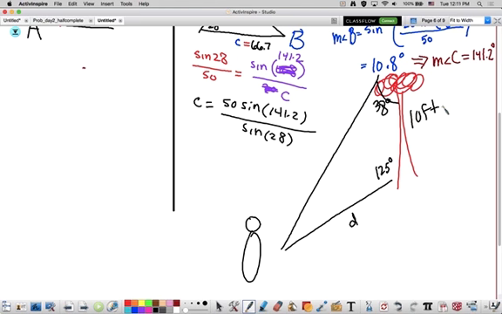So we are given these two angles, which by doing 180 minus those two angles, you will get this equals 17.